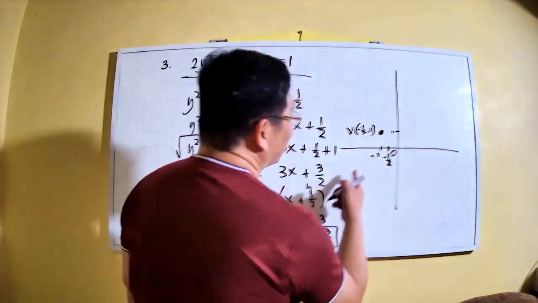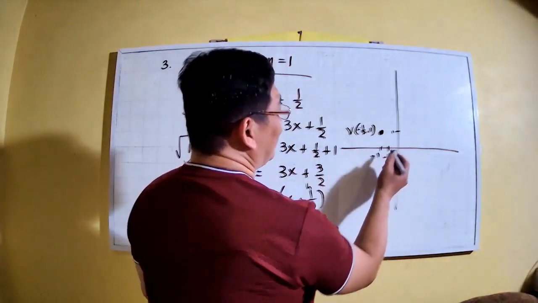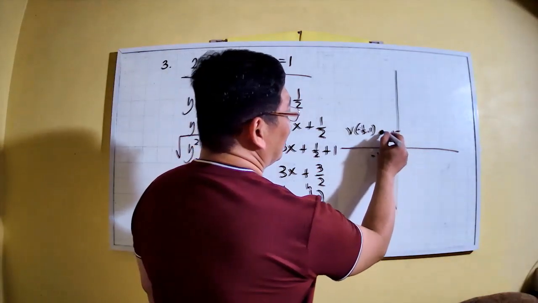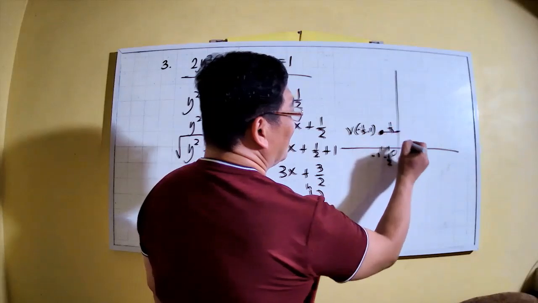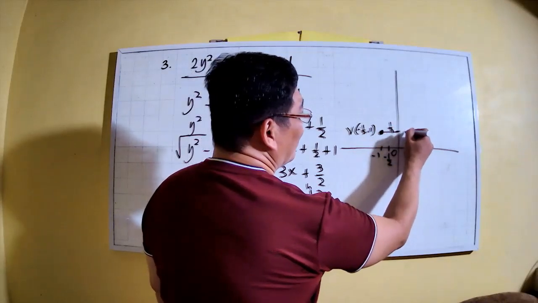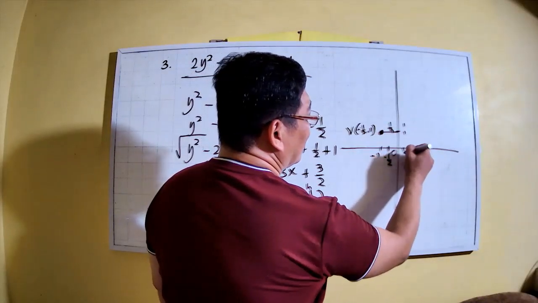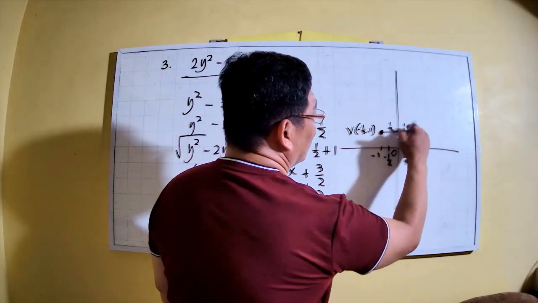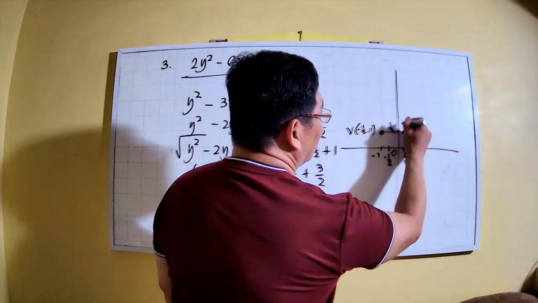So, kung ito yung vertex, nandito yung focus. Ang focus is 3/4 away from here. So this is 1 half. Meron pang natitirang 1/4. So yung focus mo, ay ito.